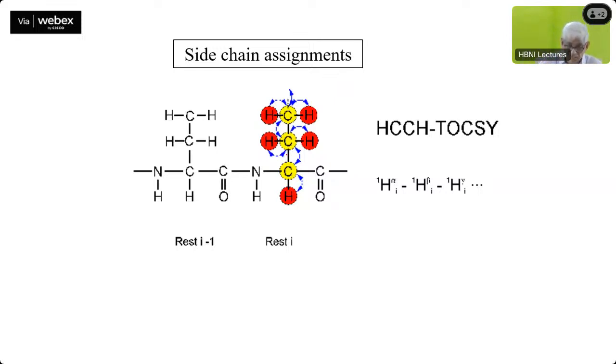Now, here you do a carbon-carbon TOCSY, and the carbon-carbon coupling is very large, about 35 to 40 hertz, the one-bond coupling. Therefore, the mixing time required for the TOCSY is also not very large. So you can do it very effectively, do a TOCSY relay, and then of course you come back to the proton for detection.